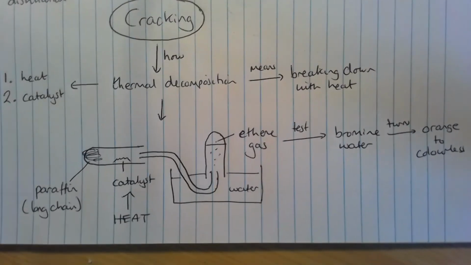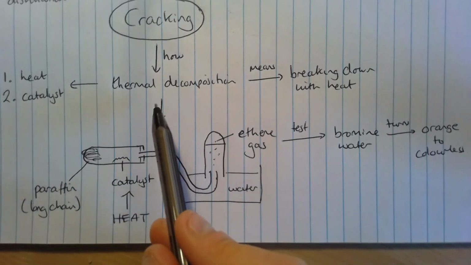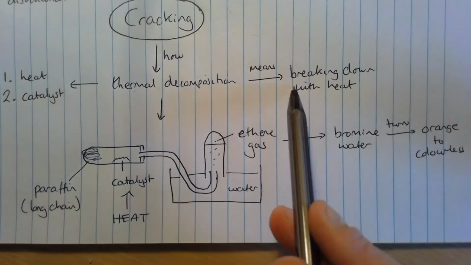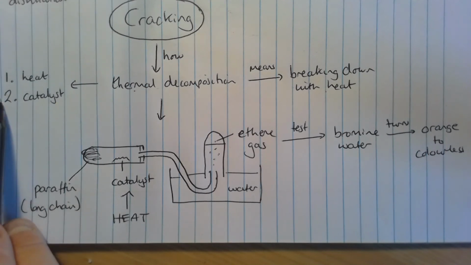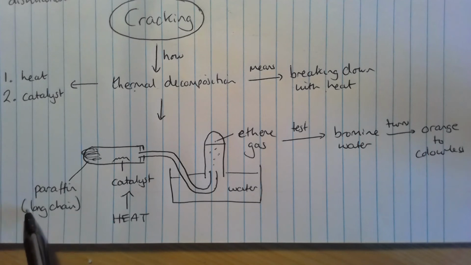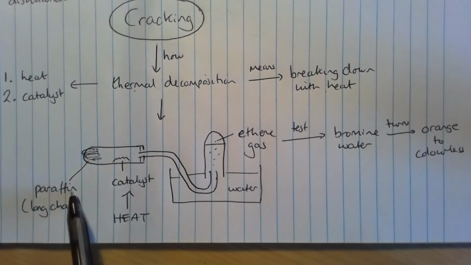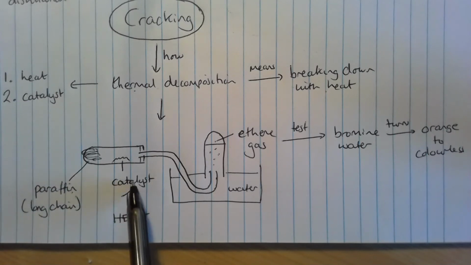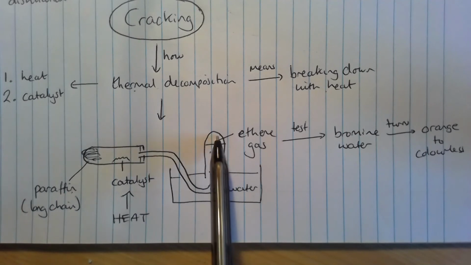The final thing we need to know is that ethene gas is tested for using something called bromine water, and bromine water turns from orange or brown to colourless if an alkene is present, or if an ethene is present. So if I just summarise this one more time, how we carry this out is by a process of thermal decomposition. This means breaking down with heat. We need two things, a heat and a catalyst. In the lab we do this by heating a test tube containing our long chain alkane, in this case paraffin, with a catalyst, and then that produces, by displacing water, ethene gas.